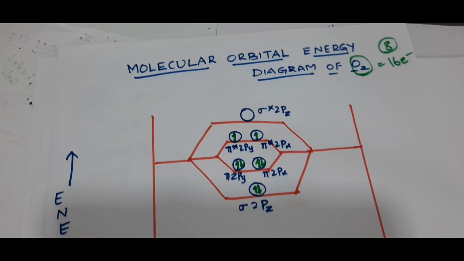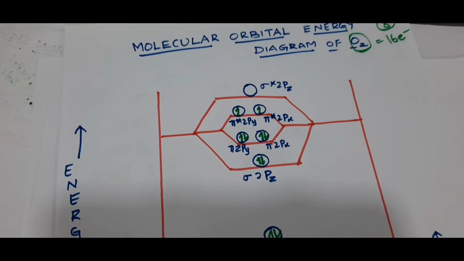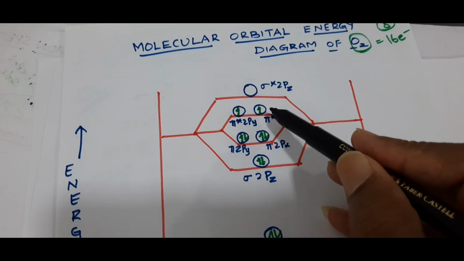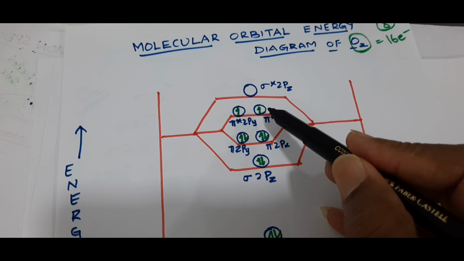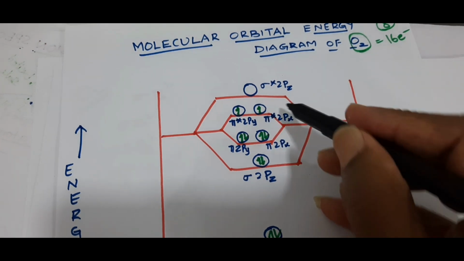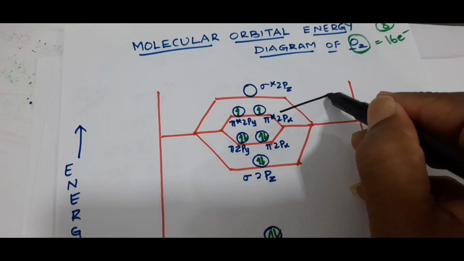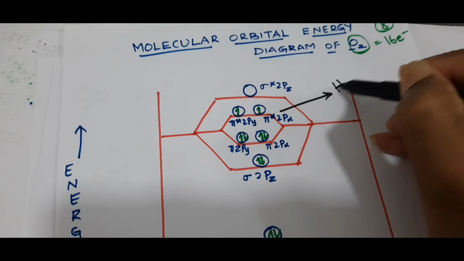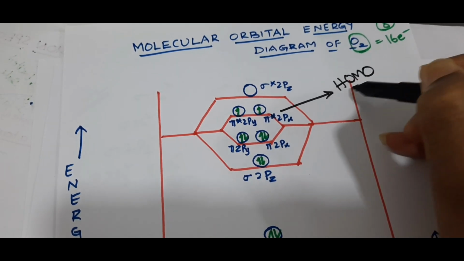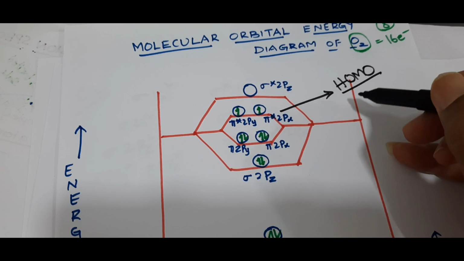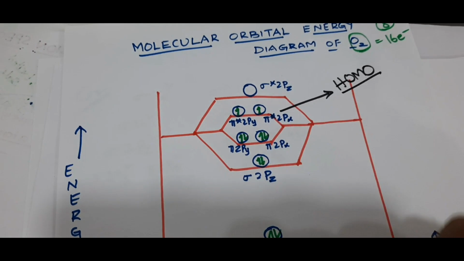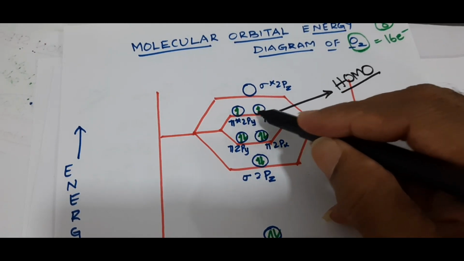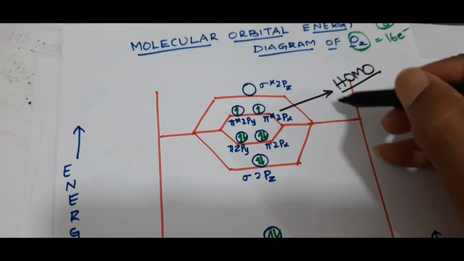Once again, you look at this diagram. In this diagram, these are the orbitals having electrons and possessing high energy. So these can be considered as HOMO. What is called HOMO? Among all the occupied molecular orbitals, these two possess high energy.